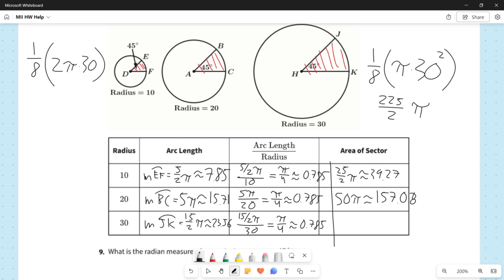So the exact area of our last sector is 225 over 2 pi, which if we plug it in, is approximately 353.43 square units for the area of that large slice in red in the circle on the right.